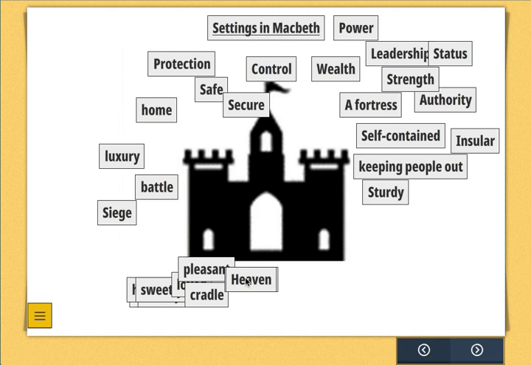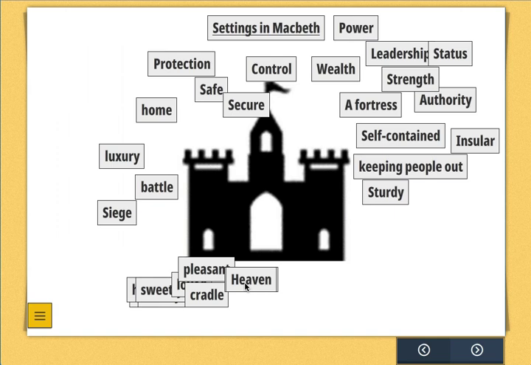Okay, so then you were asked to have a little look at some of the words that are associated with the depiction of the castle setting of Macbeth's castle in particular, and I've got some of the words that are used at the bottom of the image here, so we'll have a think about those.